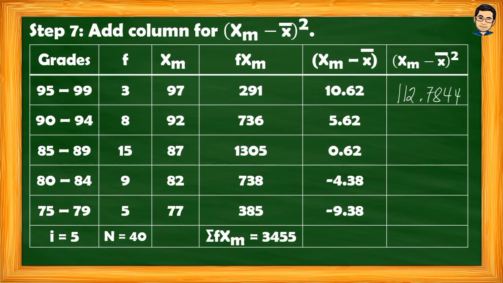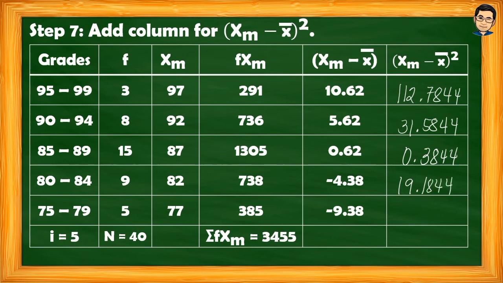112.7844. Next, 5.62 times 5.62 will have 31.5844. Next, 0.62 times 0.62, that is 0.3844. Next, negative 4.38 times negative 4.38, that is 19.1844.